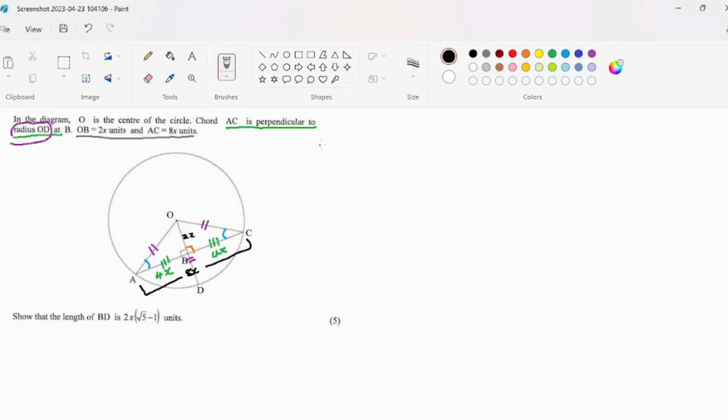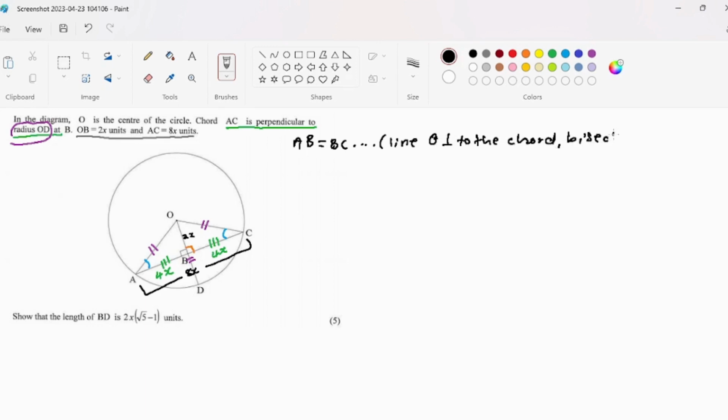So we are going to tell our examiner that we know that AB is equal to BC. Our reasoning, we are going to say line from center perpendicular to the chord bisects the chord, right?